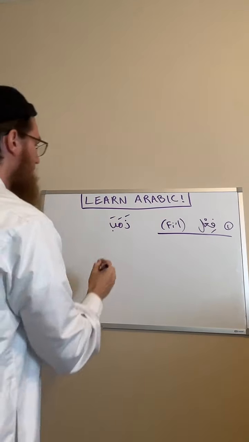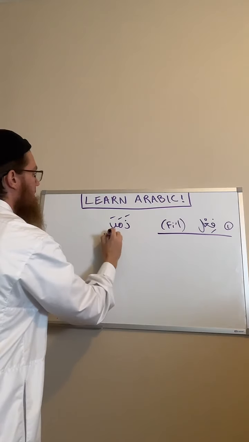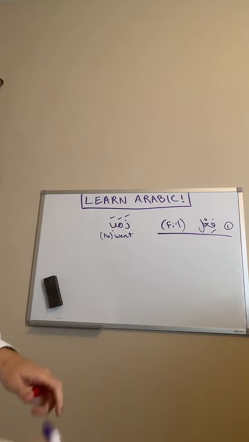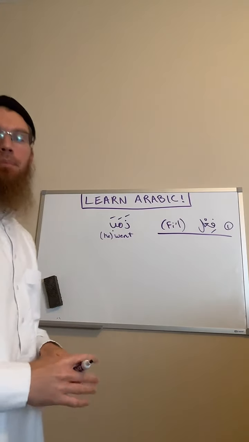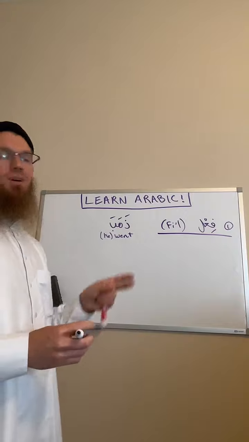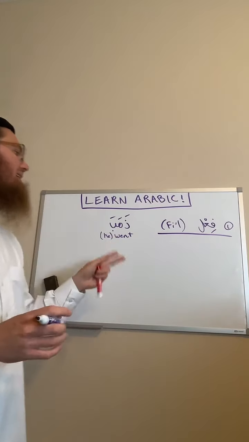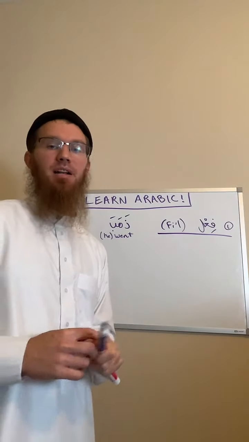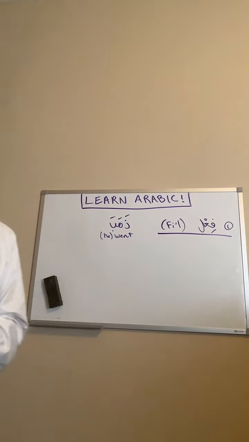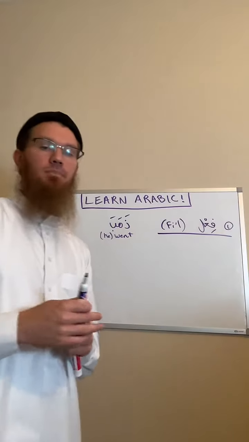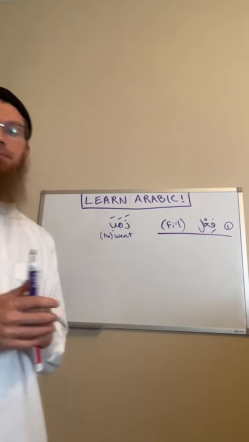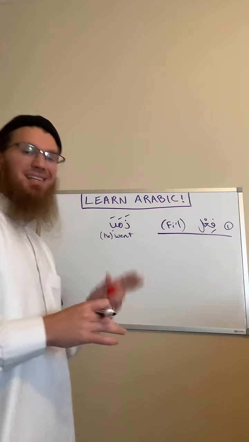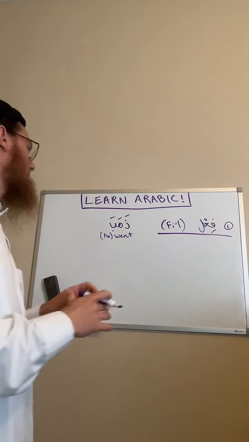This means he went. What's the relation to time? What's the tense? If Muhammad went somewhere, he went, ذهب. When did he go somewhere? In the past. So this has a relation to time and it has a complete meaning.